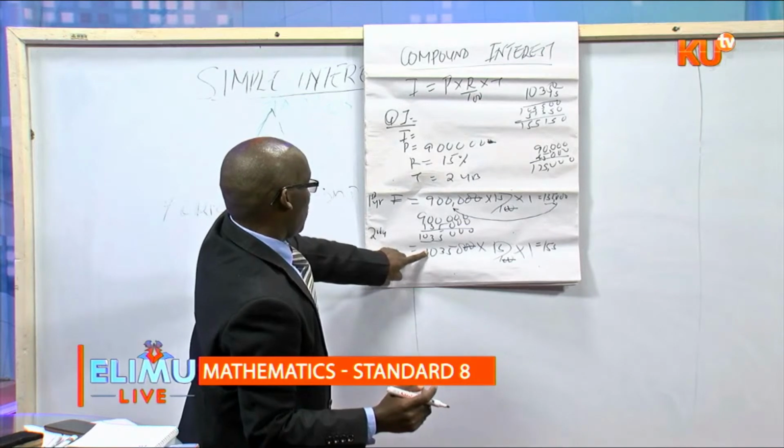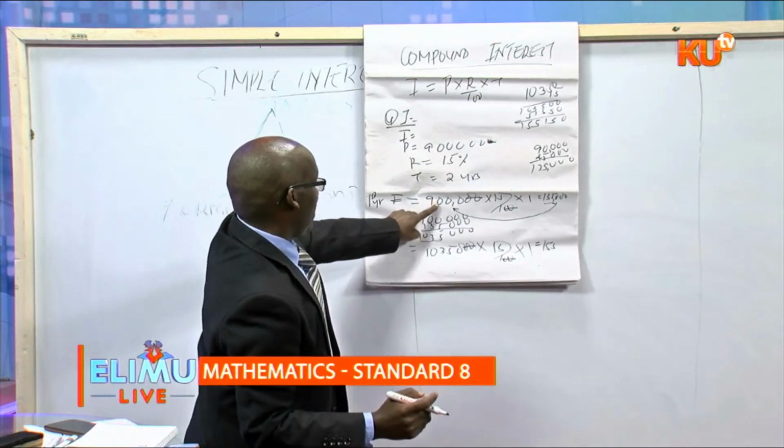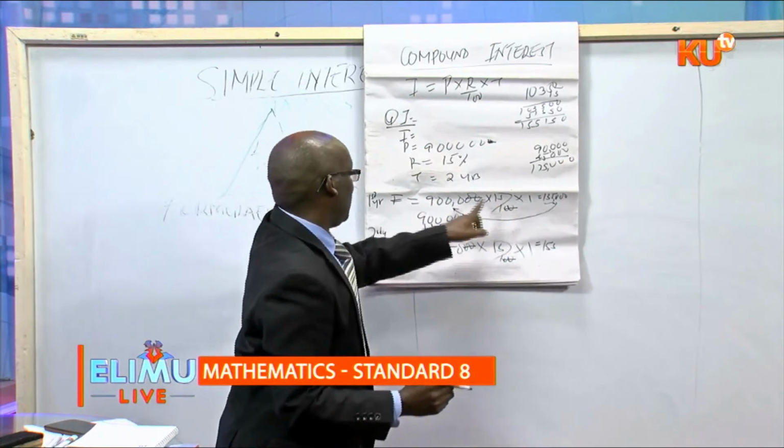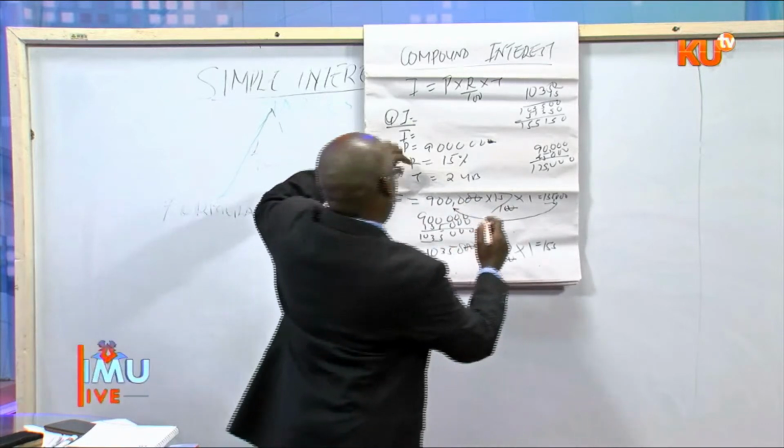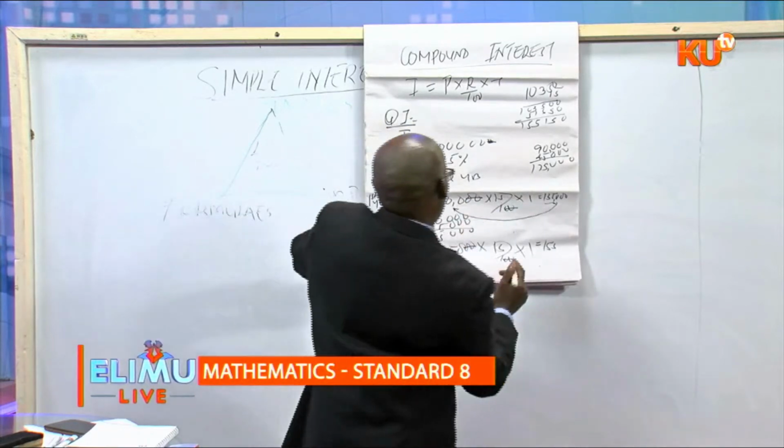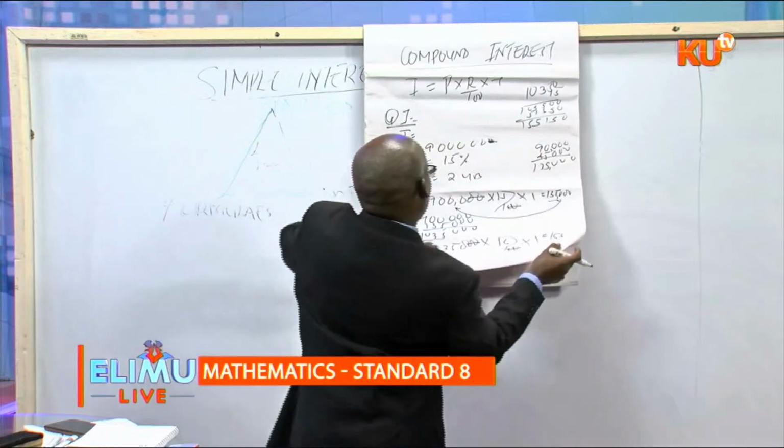Let me start here: 900,000 times 15 over 100. This will be 9,000 times 15. Let me do that again.